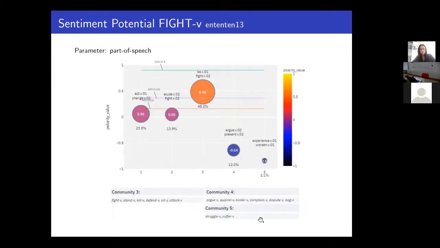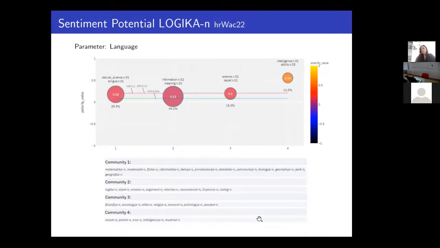suffer. And an additional parameter that's kind of hidden: when you change a corpus, you can change a language. And then, for example, the word logic in Croatian, logika, is shown here, and it has a more positive meaning actually when it's related to the heart and the mind, intelligence, and wisdom.